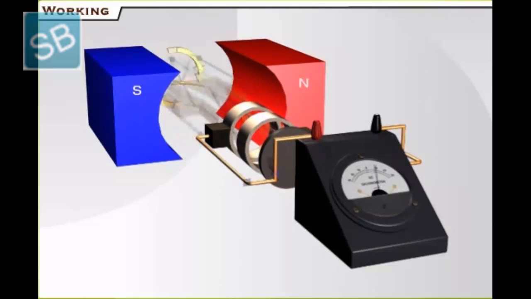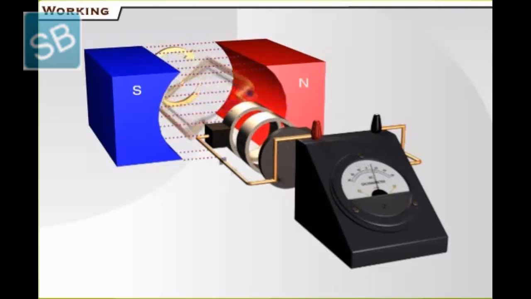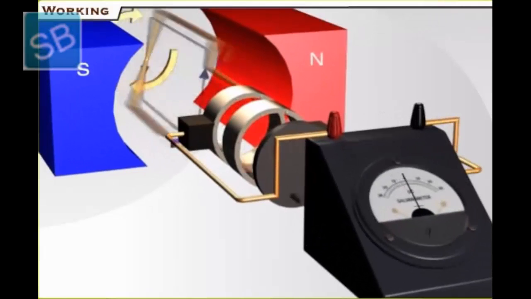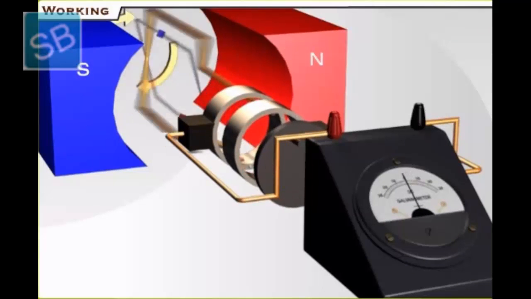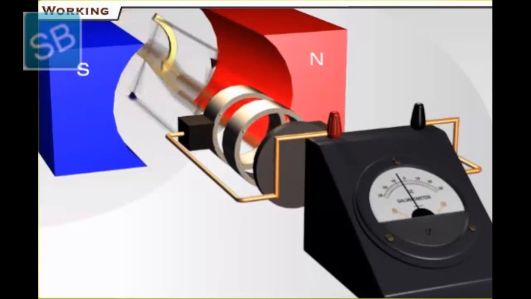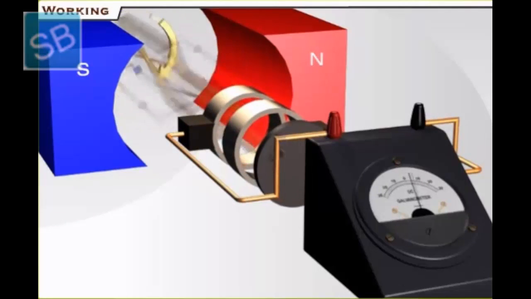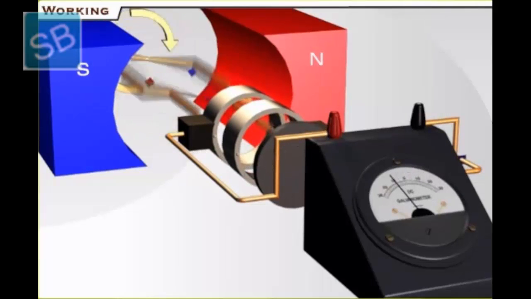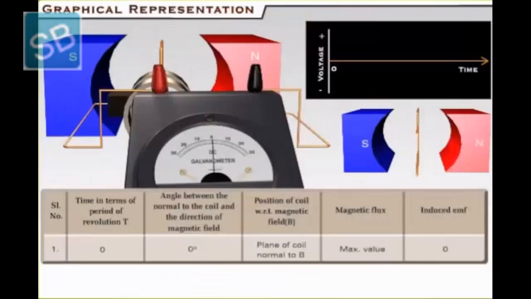This is the working principle: the rotating armature changes the magnetic flux through the coil, which induces an EMF, and due to that induced EMF, that means the change in magnetic flux with respect to time, we get the deflection in the galvanometer.